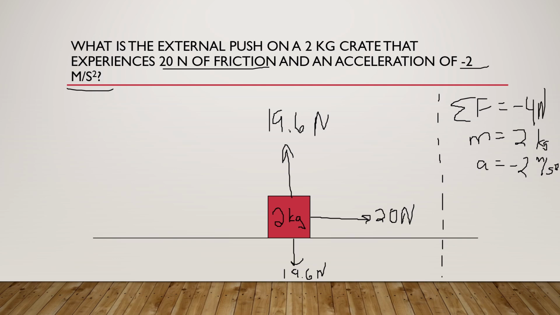Now, some of you might be able to just intrinsically look at this and know what the answer's got to be. But let's figure it out. So I know that the x has to equal negative 4. We're looking for the push, F of P. This is what we don't know yet. So x equals question mark. And this x equals positive 20.